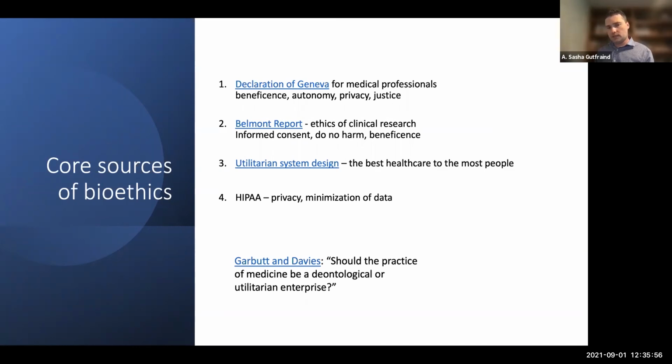A second consideration that has become very important to us is the Belmont Report. The Belmont Report came in the US to define what is allowed when we do scientific research. And arguably, when we are developing algorithms, we are using data in order to do research and development.